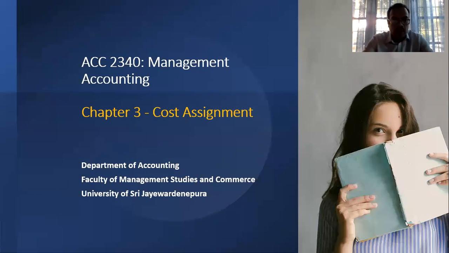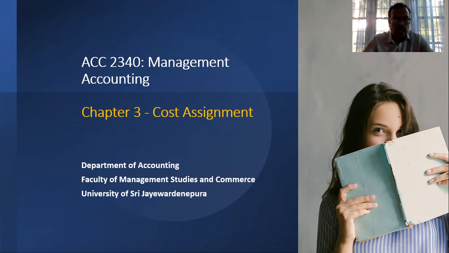I will sometimes explain in Sinhala as well, not a detailed explanation, but then and there, when it is necessary, a summary of the explanation. Otherwise, I'll just continue speaking in English.